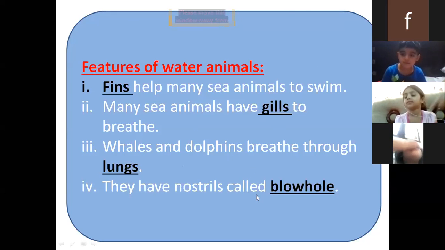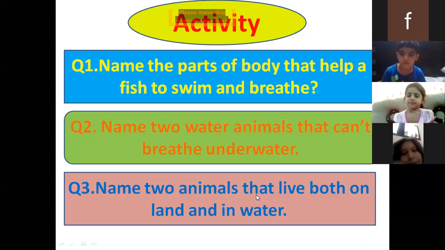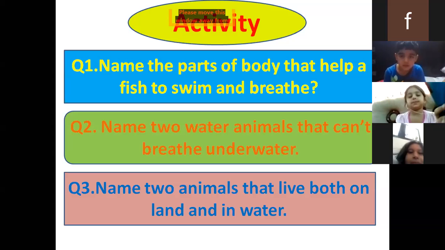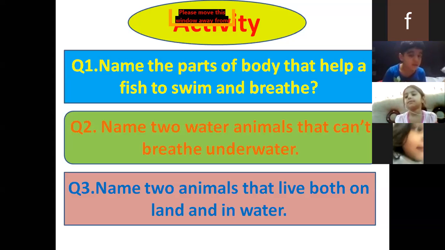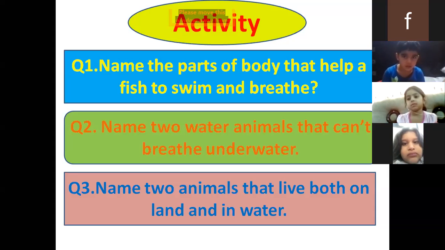Now, okay, now it is our activity. Now all of you will only write the question number and the answer of that question on your register, and after 3 or 4 minutes, I can ask any one of you to tell me the answer, okay?